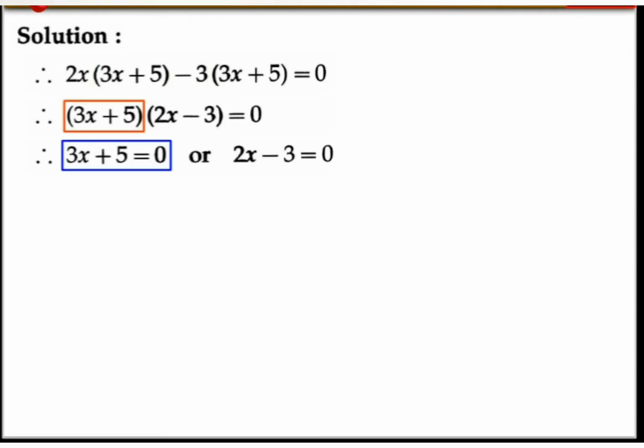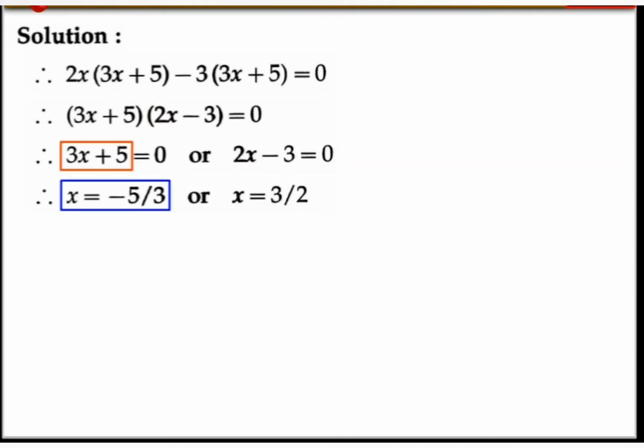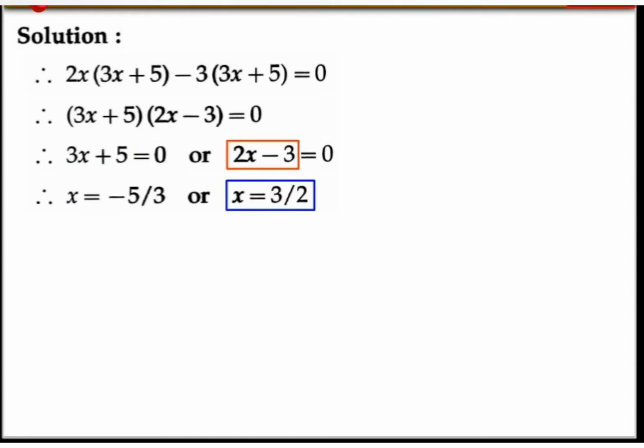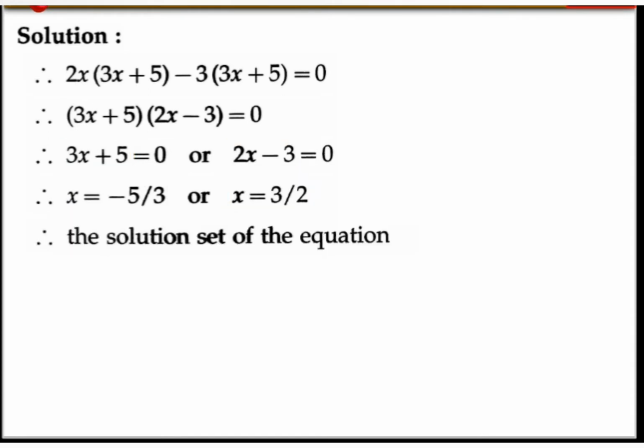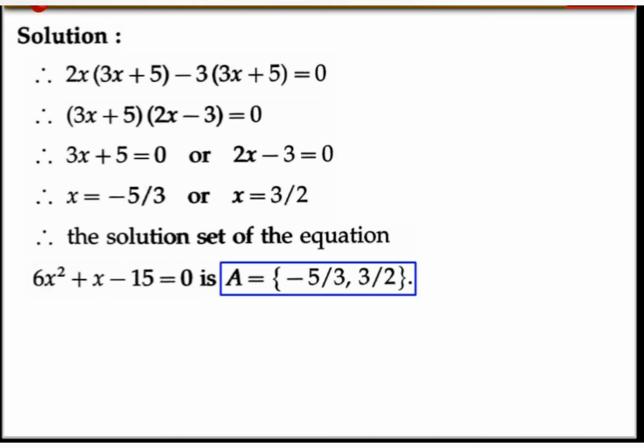So, either 3x plus 5 is equal to 0 or 2x minus 3 is equal to 0. So, x is minus 5 upon 3 or x is 3 upon 2. Therefore, the solution set of the equation 6x squared plus x minus 15 is equal to 0 is A is equal to the set of minus 5 upon 3, 3 upon 2.